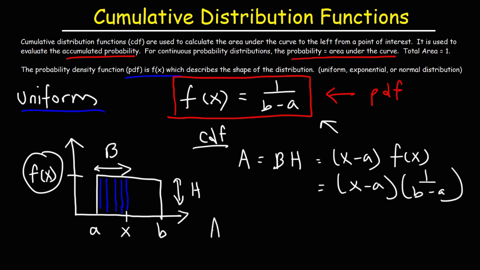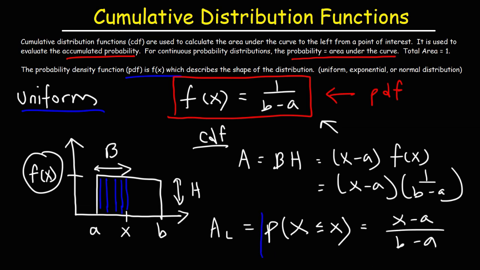So the CDF, the cumulative distribution function, will give us the area to the left. So we have this formula. The probability that the random variable capital X is less than or equal to some number x is going to be x minus a over b minus a.